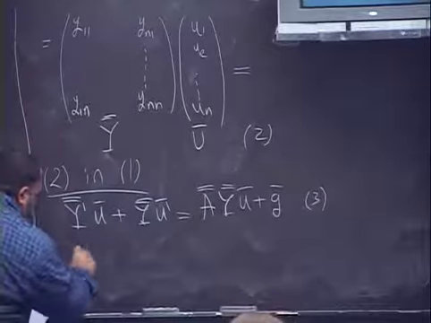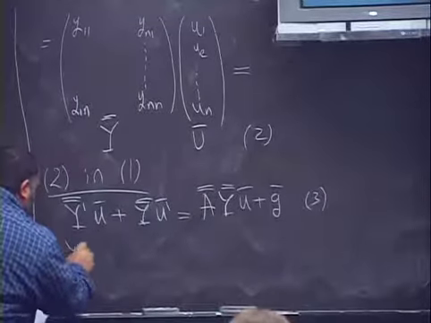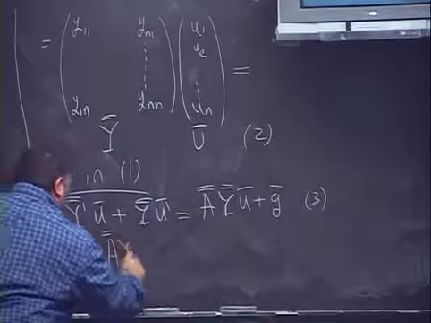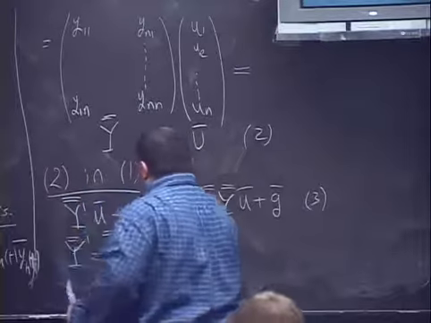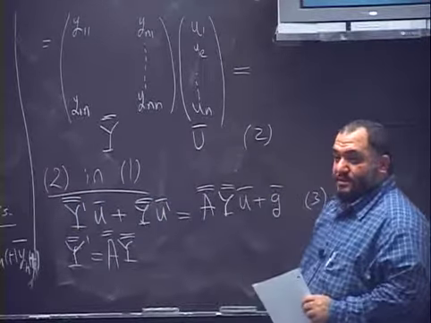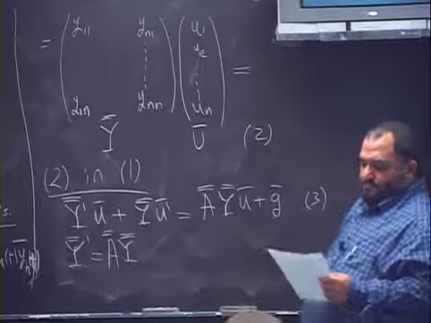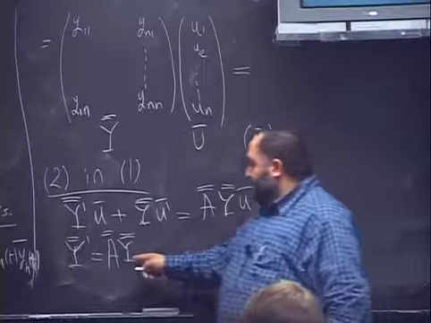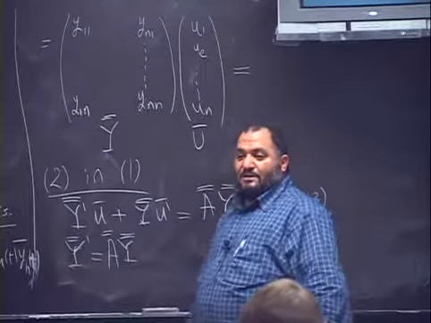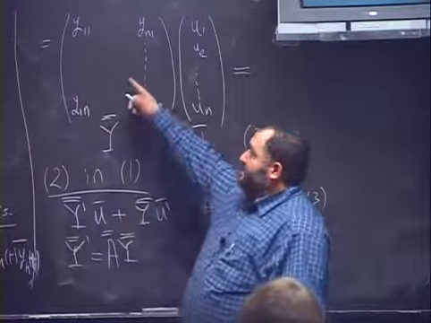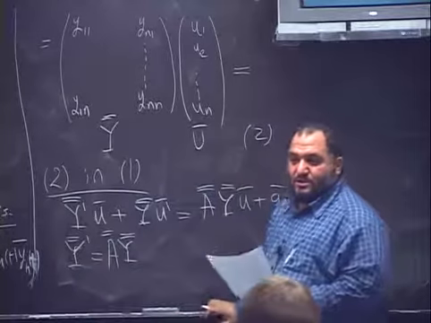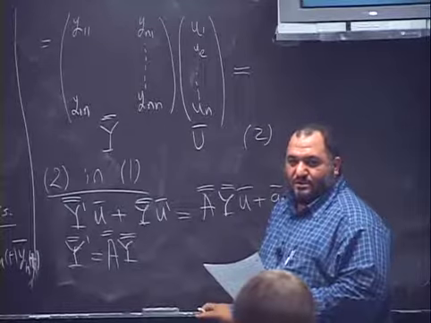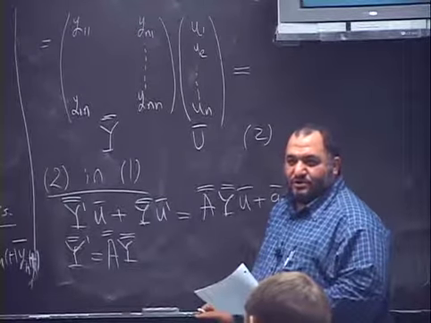But all of us know that Y capital prime is just equal to A Y. From where is this? This is what matrix? The matrix of solutions. So it is the solution of what? y1, y2, y3 are the solutions of what type of differential equation?